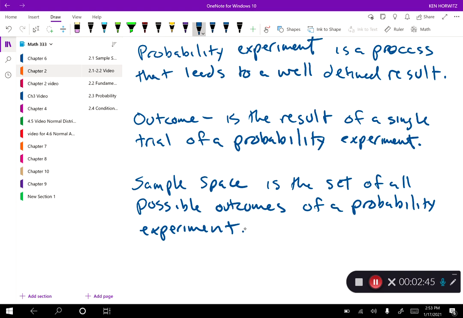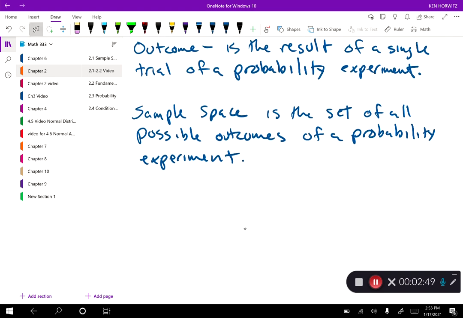And the last term is event. An event consists of outcomes.